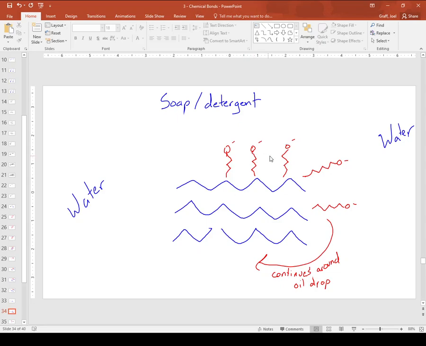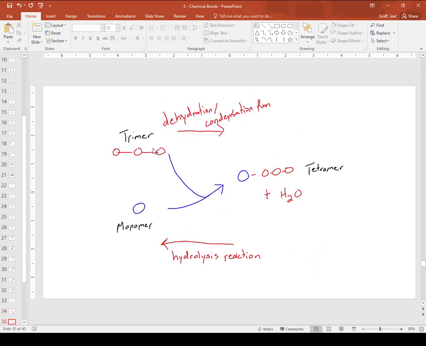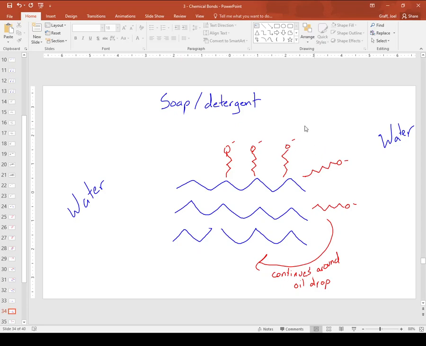And then you can continue drawing those molecules around here, and it continues all the way around this oil droplet. And at that point, you can see how soap ends up working. It works because it allows an oil droplet to move around and get washed away more easily in a water solution.